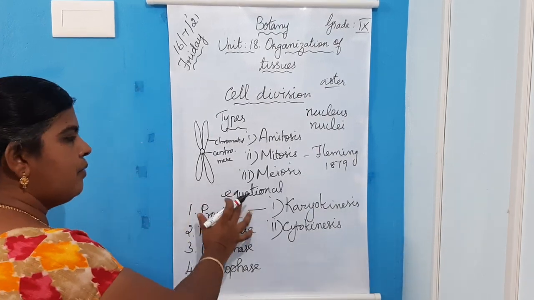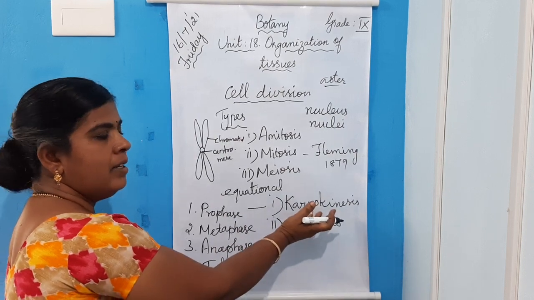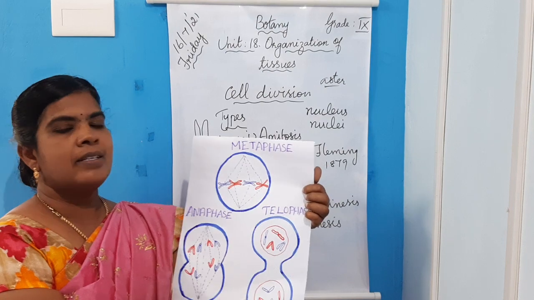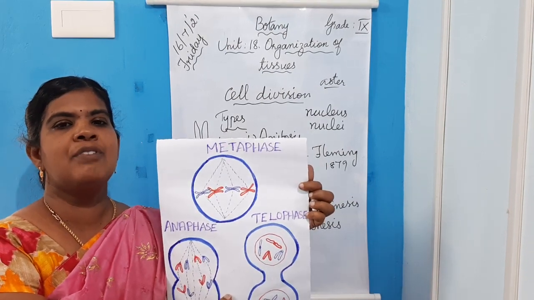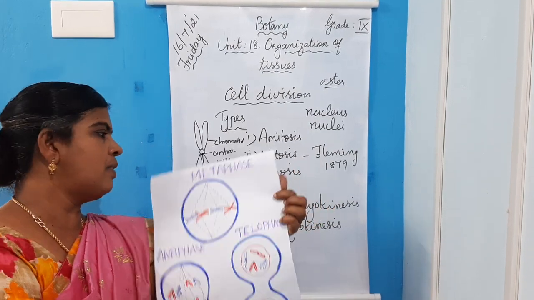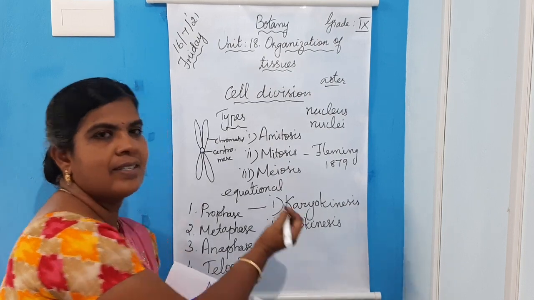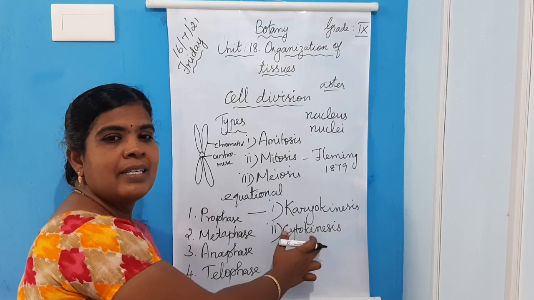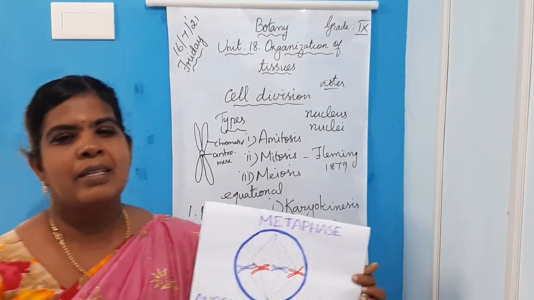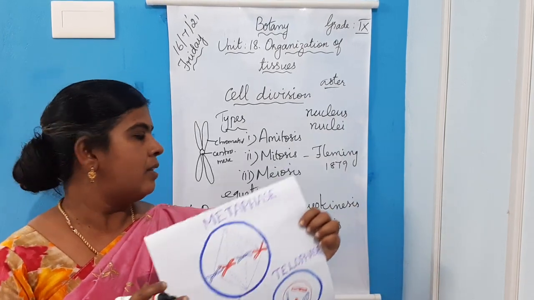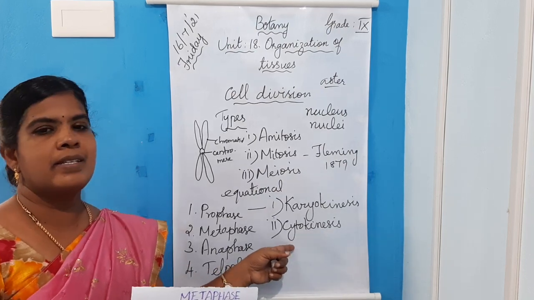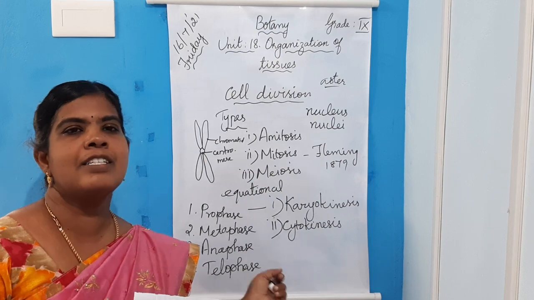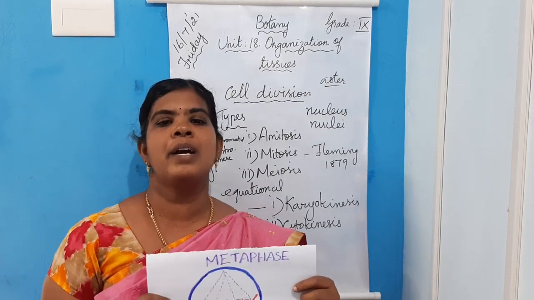So these are the four phases in karyokinesis. After telophase, it is followed by the division of the cytoplasm, cytokinesis. Cyto means cytoplasm, kinesis means division, by the constriction of the cell membrane.